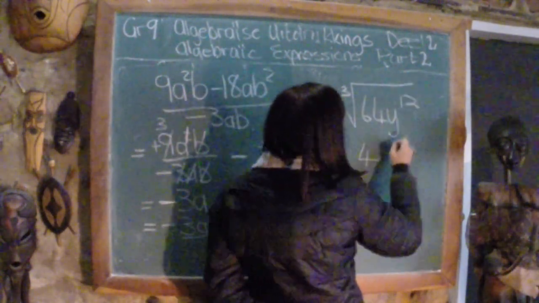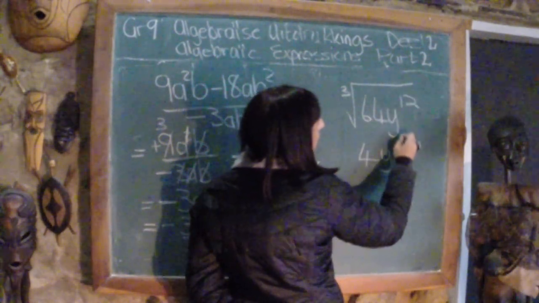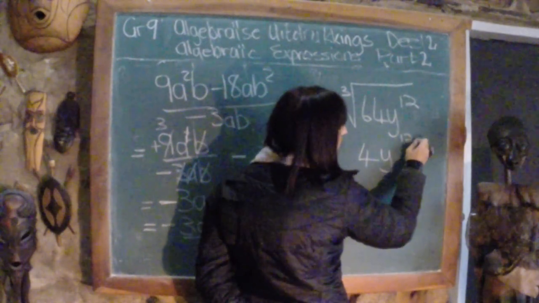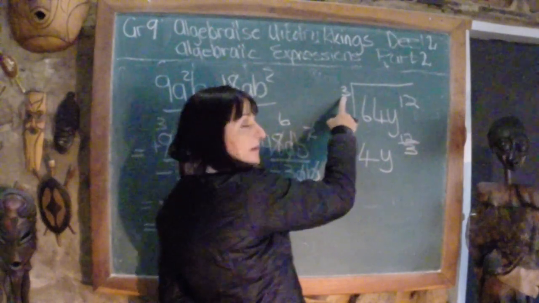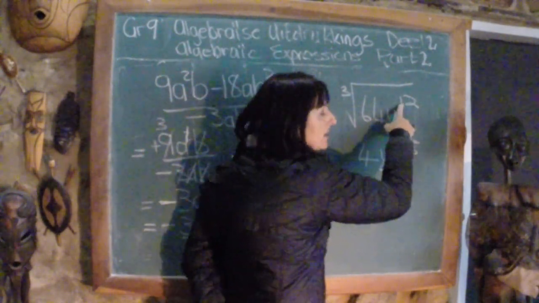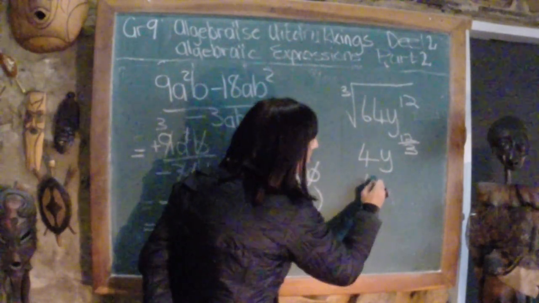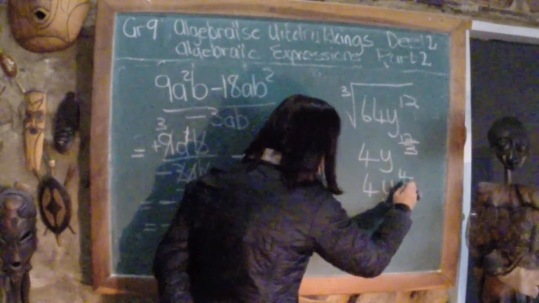And if I want to get the cube root of y to the power of 12, I simply divide the 3 into the 12. I take that 3 and I divide it into that exponent. So my answer will be 4y to the power of 4.